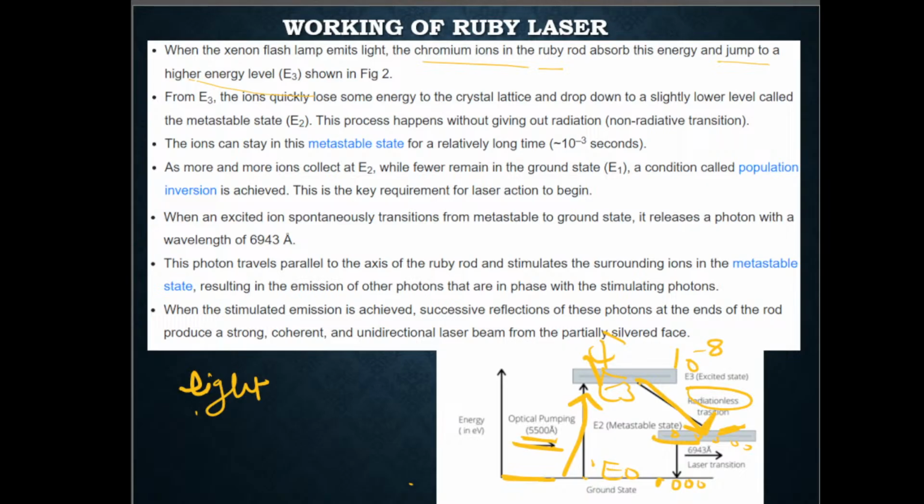So in the transition between E2 and E1, laser light will come out, having a value of 6943 angstroms. So you just have to write these things, and that is the working of the ruby laser.